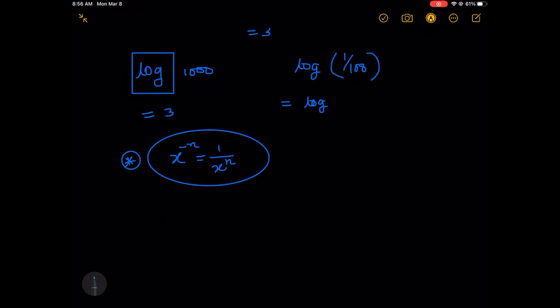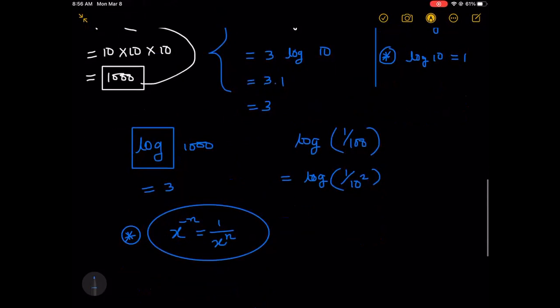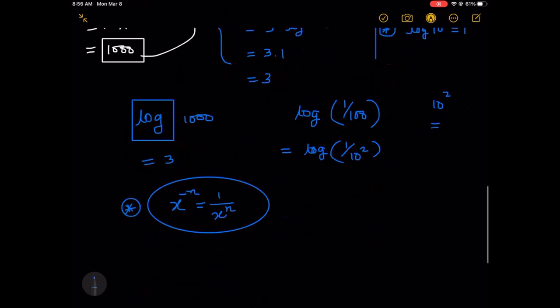So we can use this property here, and before that I'll write 1 over 100 as 1 over 10 squared. The same reason as this, 100 can be written as 10 squared, since 10 squared is multiplying 10 twice, which gives us 100.